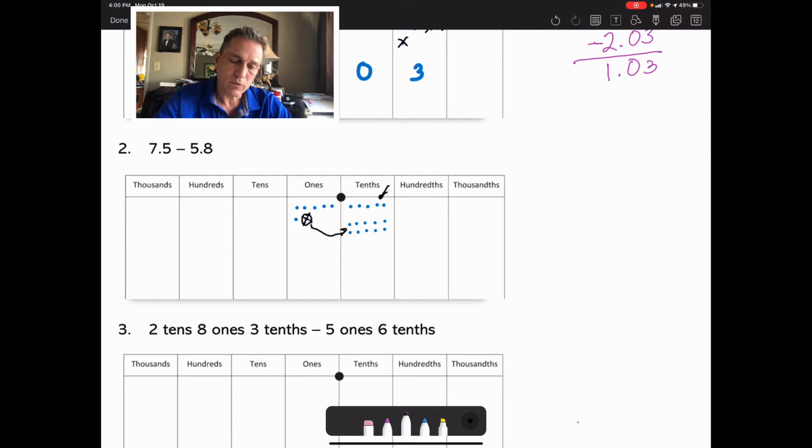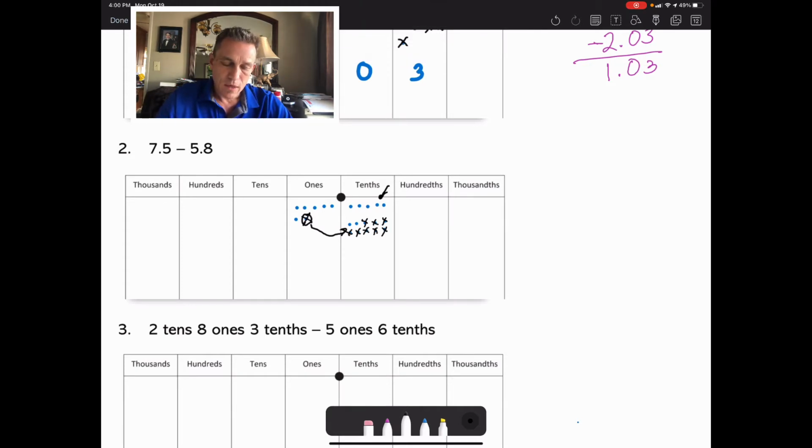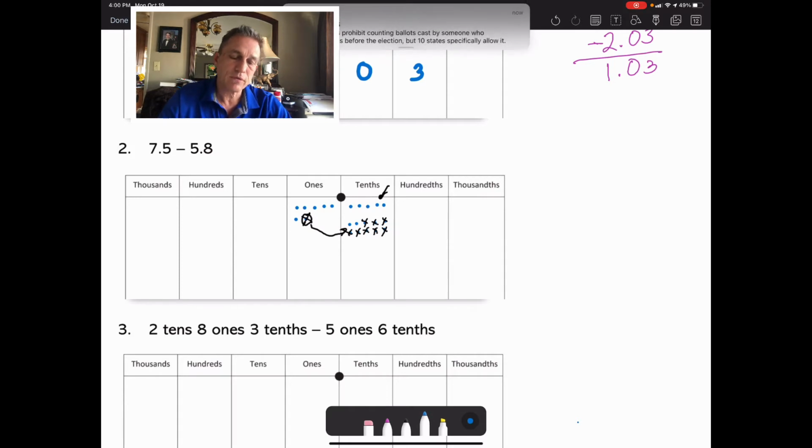So I'm going to go ahead and cross out 8 now. So 1, 2, 3, 4, 5, 6, 7, 8. Now let's see what the difference is. There are 7 tenths left.